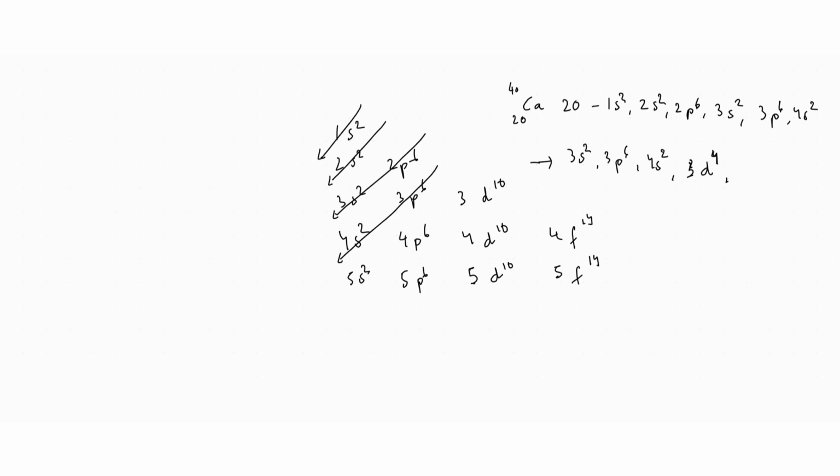Here the d subshell has 4 electrons. If the d subshell has 5 electrons, it reaches stability, because if we draw the boxes, 1, 2, 3, 4, and 5, first we arrange the electrons in an upright direction. So if 4 electrons are there and it gains 1 electron, it will become stable.